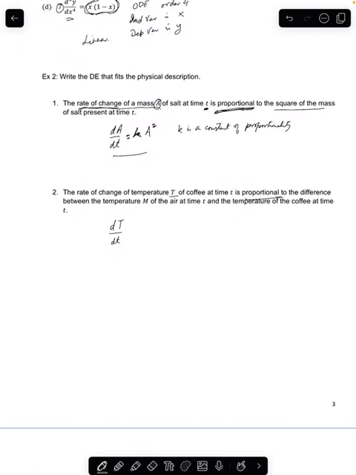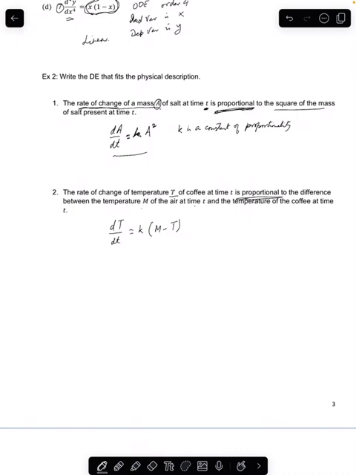So remember, proportional means we will say equal to k times the difference between the temperature M of the air at the time t and the temperature of the coffee at time t. So this will be k times M minus the uppercase T, the temperature of coffee at time t. So this is how the equation will look.